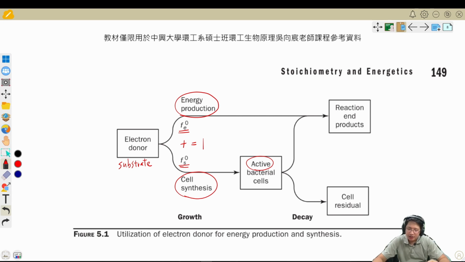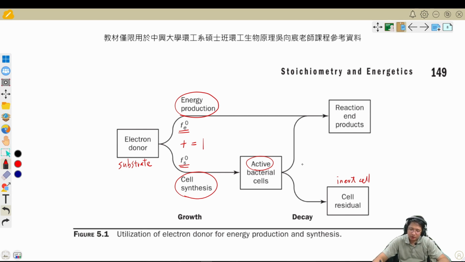For the cell synthesis, what you get first of all is the active bacterial cells, and those activated cells will finally become inert cells. They start to decompose and decay, and during the cell decay they also generate some residue energies.